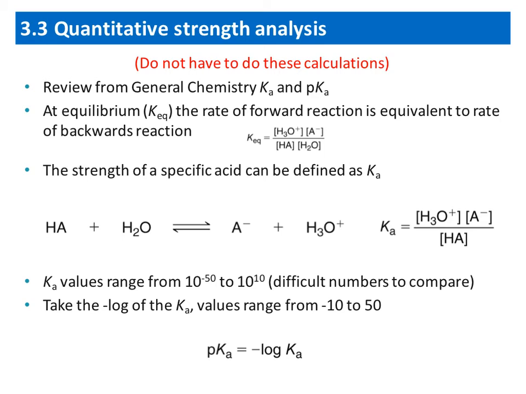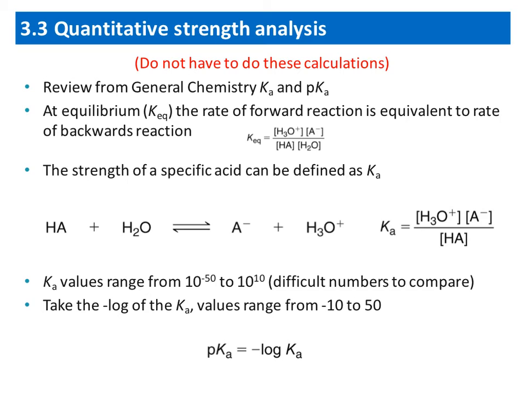If you have a very dilute solution, the concentration of water is constant, so we can remove that from the equation, and then we get a new equation that can calculate Ka for us. The Ka values are different. We can have values from a very small number, 10 to the negative 50th, to 10 to the 10th power, a very large number. So it's very hard to deal with these types of numbers.